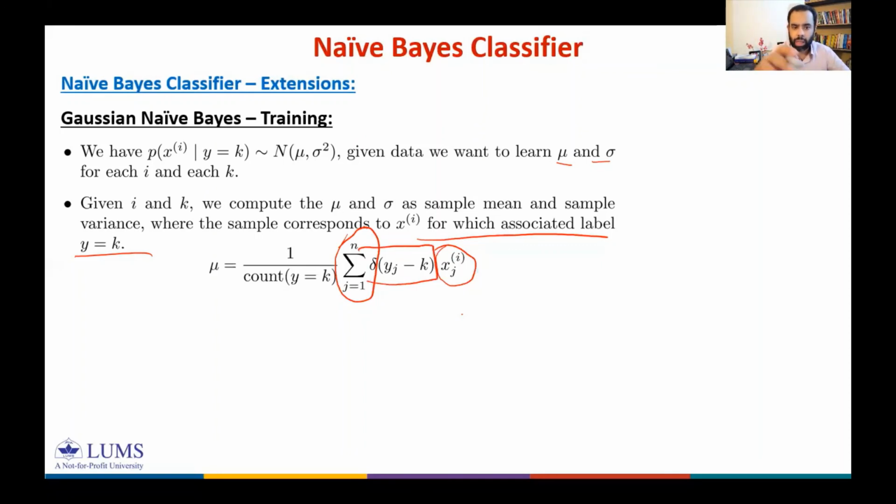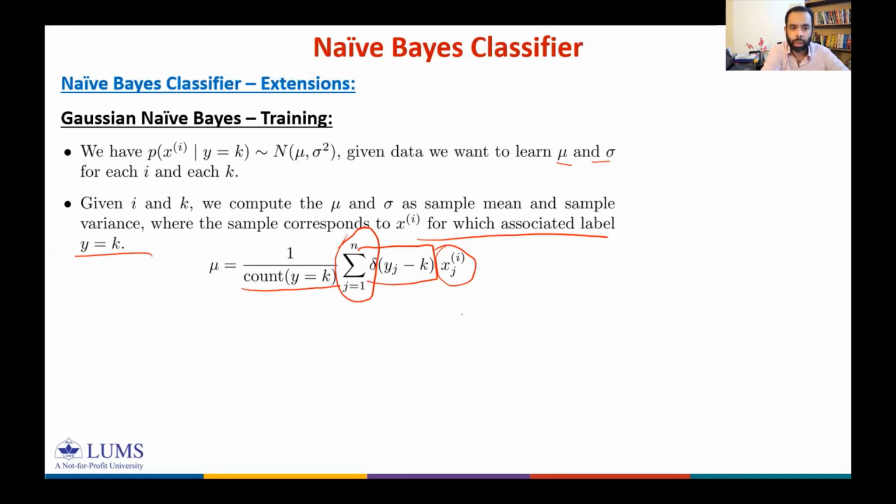When y_j is equal to k, the argument of delta, y_j minus k, would be 0, and delta of 0 would be 1. We only count the values of the feature for which the label is equal to k, and you simply divide by the total count of instances for which y is equal to k. That's how you compute a sample mean.